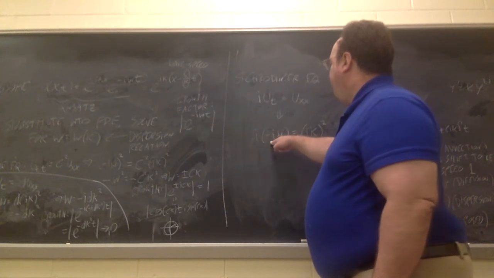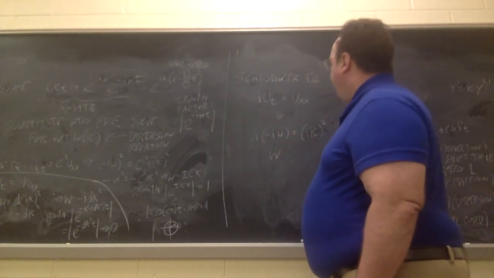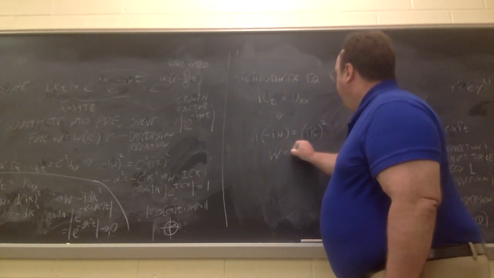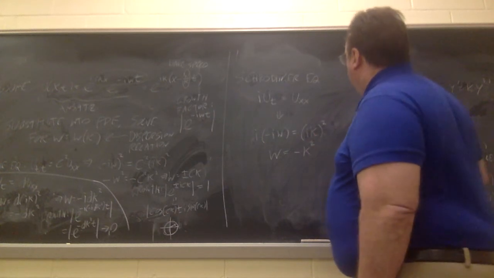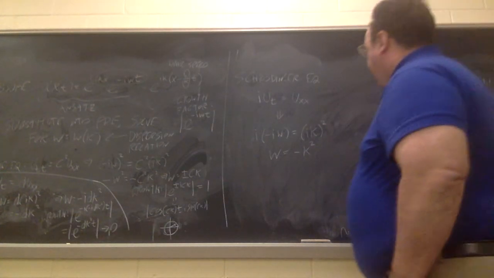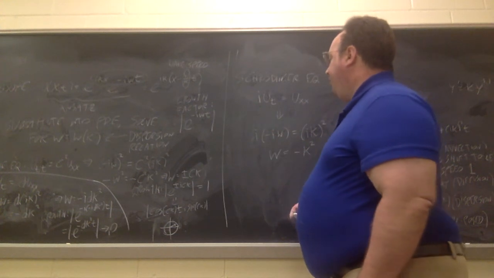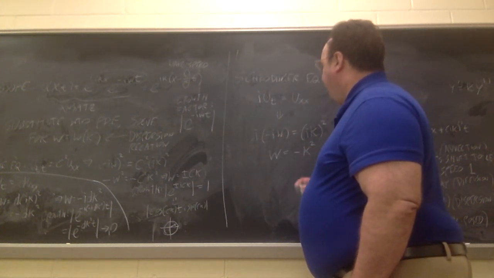So i times minus i is equal to 1. I just have w on the left side by itself. And then I have minus k squared on the right side. So this time the dispersion relation is real again, like it was for the wave equation, but still something different. Not a multiple of k, but rather we have k squared, so that's going to affect things.